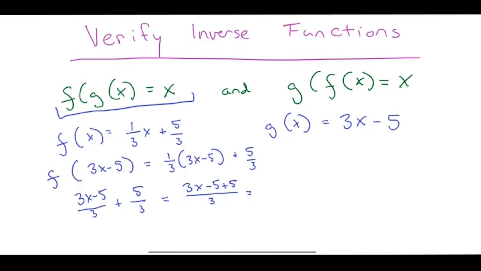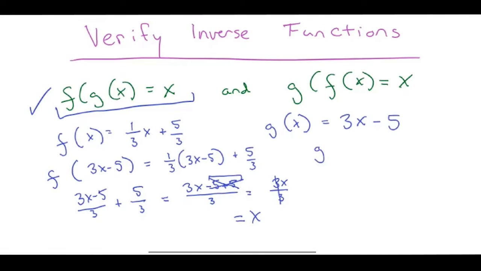All right. Notice that there's a negative 5 and a positive 5, so those are going to cancel each other out. And I'm left with 3x over 3. But 3 divided by 3 is 1, so that equals x. So that one worked. Check.